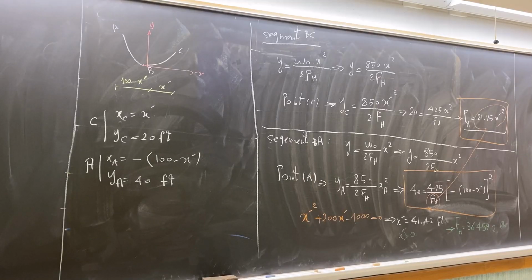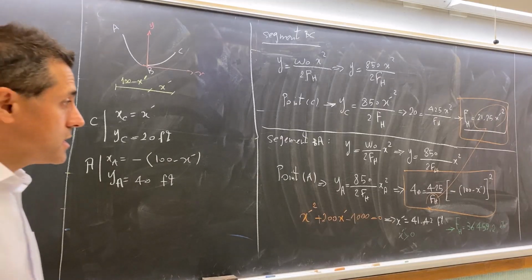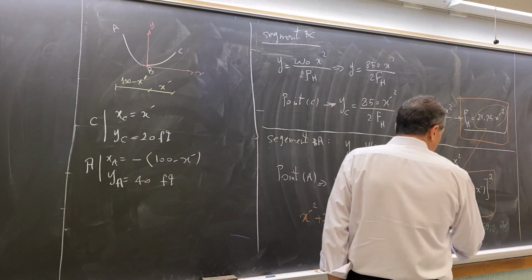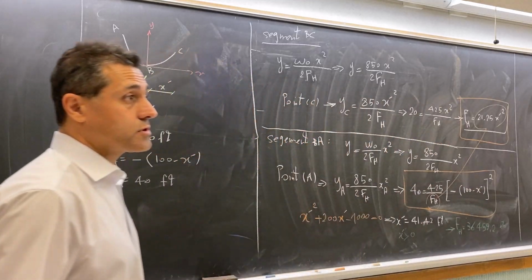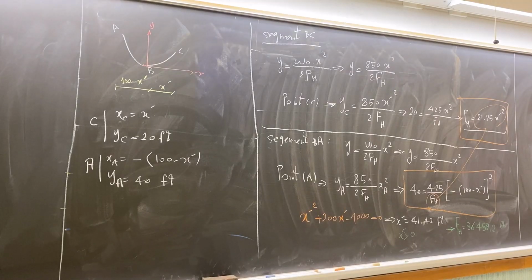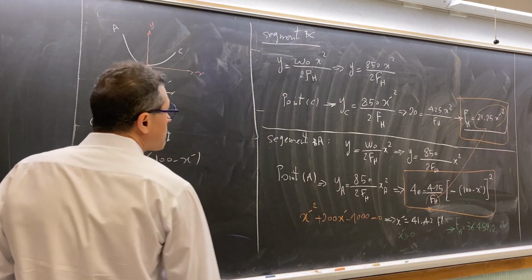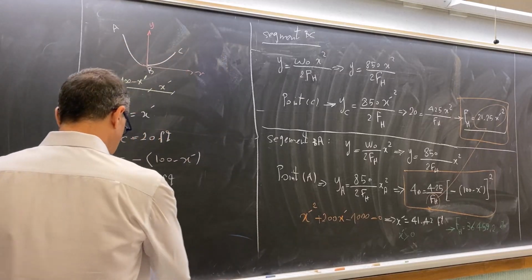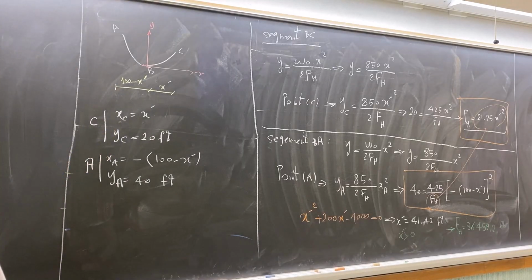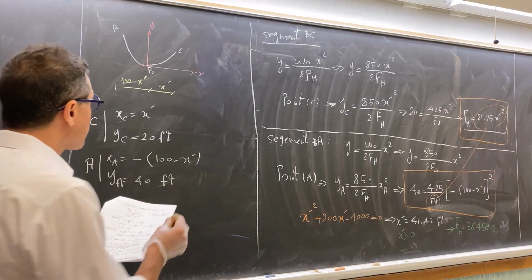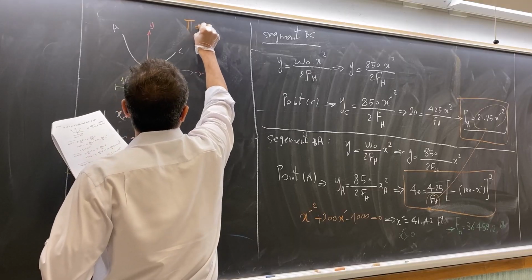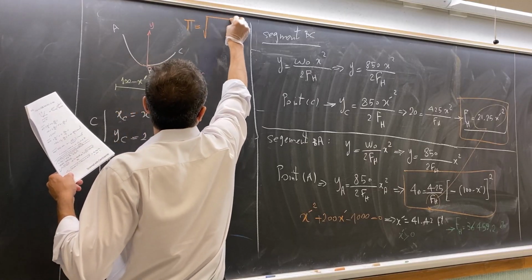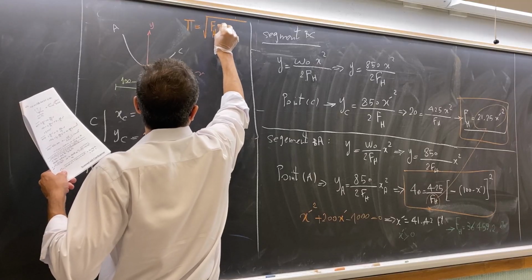This was the most difficult part of this question. fh is the horizontal component of the tensile force. Now we have it, then we can go to the equation for point A, for point B, for point C. I just write this equation, but I don't solve it today. This is the equation that we are going to use. And we already proved this equation.